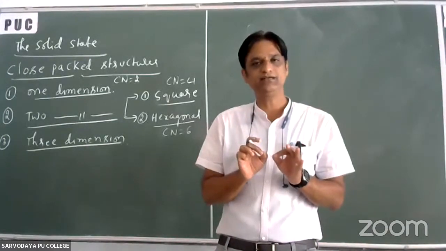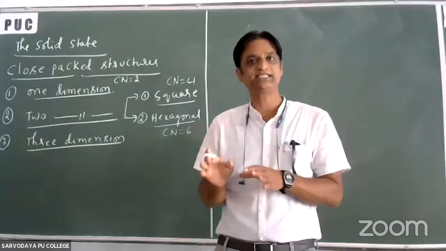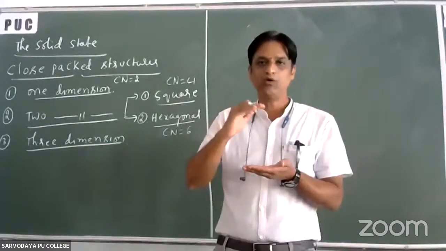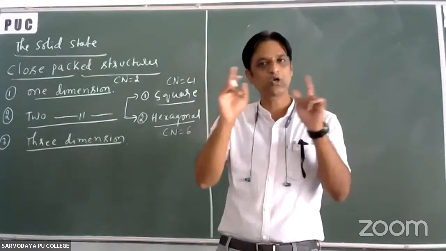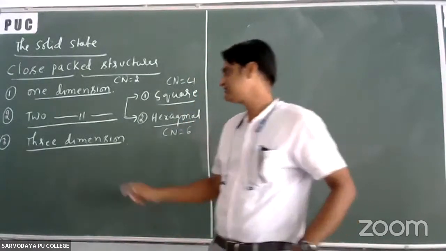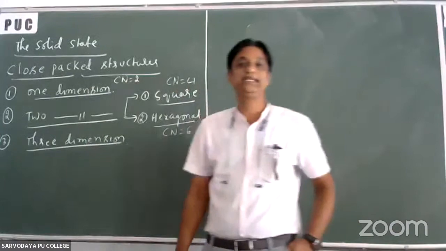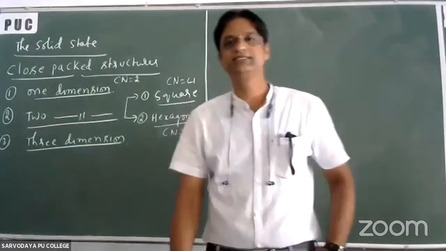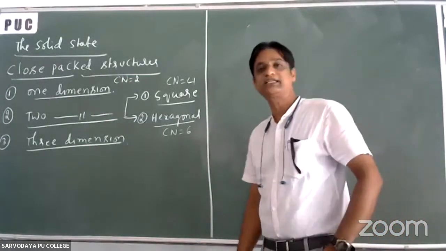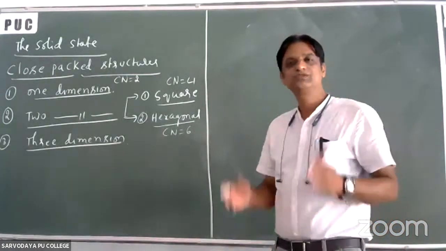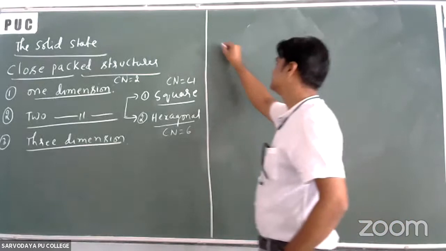So if we keep arranging the two-dimensional closed packed structure layers one above the other, the closed packed structure we get is nothing but three-dimensional closed packed structure. With respect to three-dimensional close packed structure, what are the possibilities?